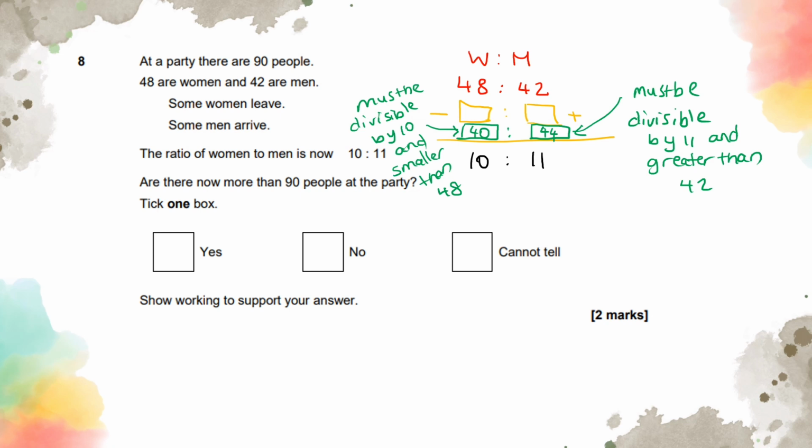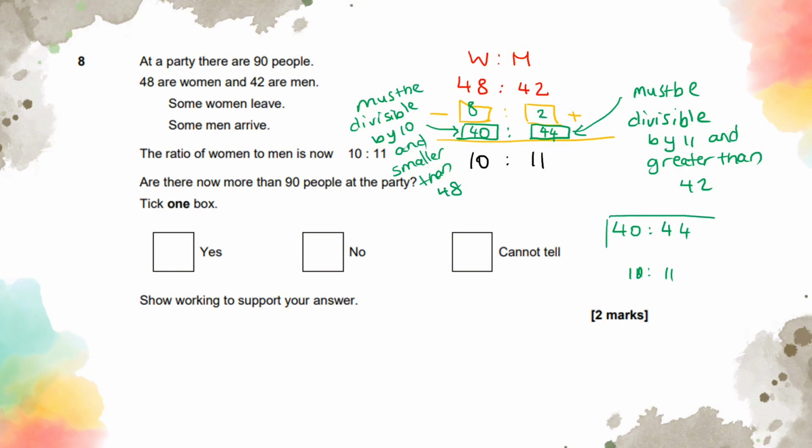Okay, so this would mean the new number of people, so 8 people left and two people joined on the men's side. Okay, 8 women left and 2 men arrived. The new ratio you have is 40 to 44. Yes, it can be simplified down to 10 to 11, but they're asking you to check if there are 90 people at the party now.